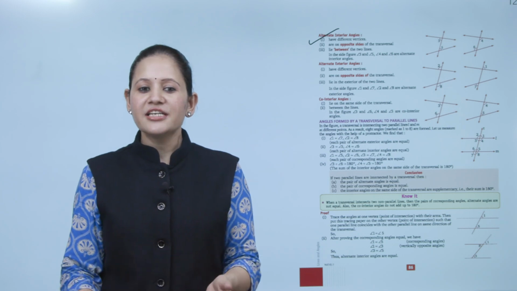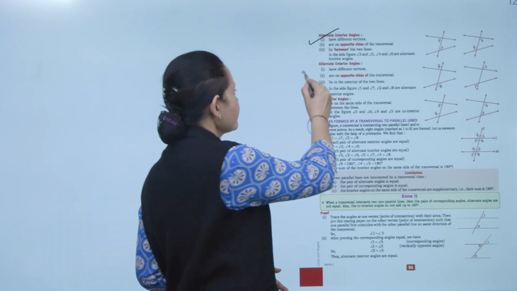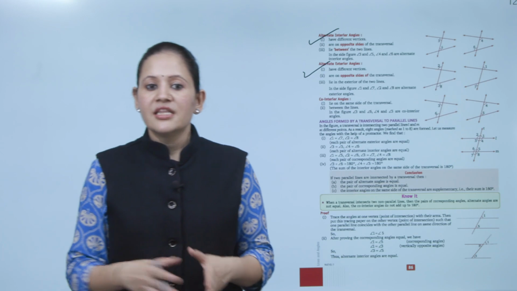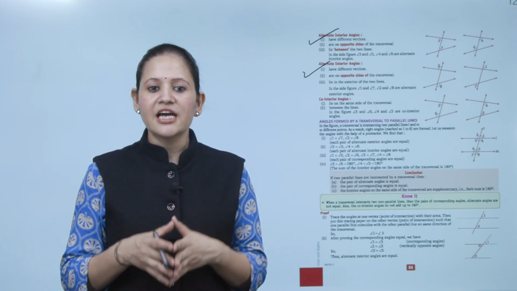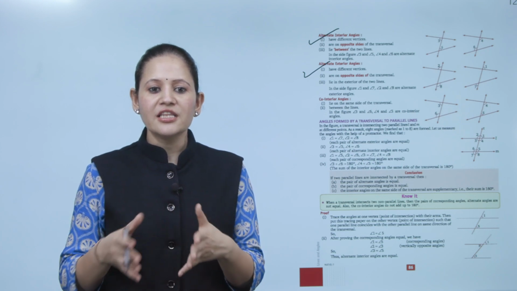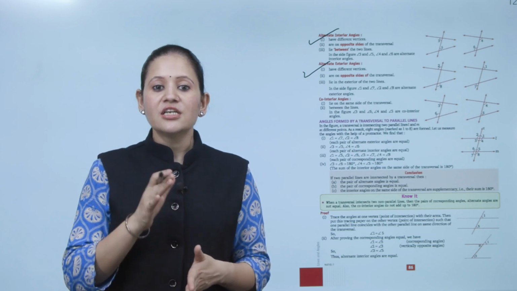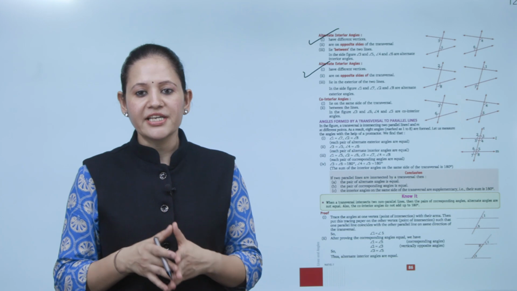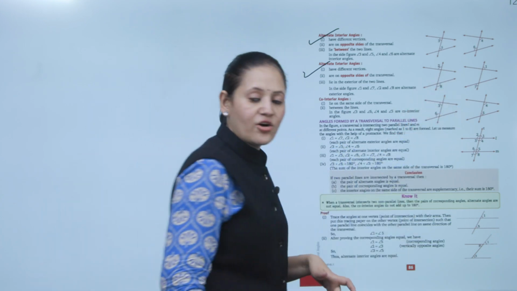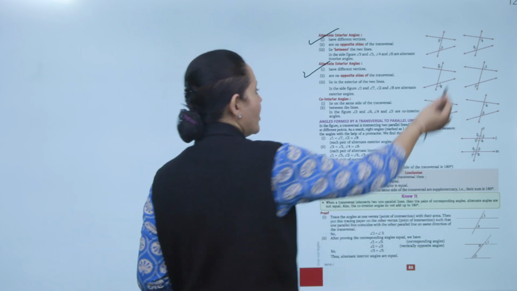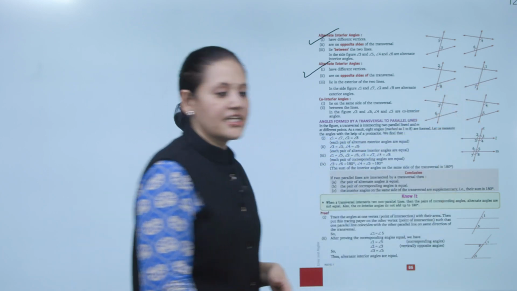Next is alternate exterior angles. They have different vertices, are on opposite sides of the transversal, and lie in the exterior of the two lines. In the given figure, 1 and 7 and 2 and 8 are alternate exterior angles. So 2 and 8, they are alternate exterior angles, 1 and 7 are alternate exterior angles.